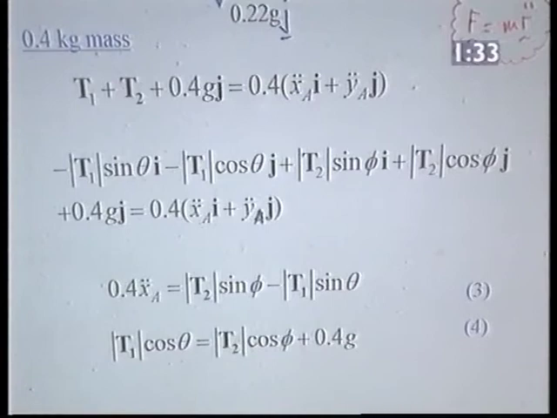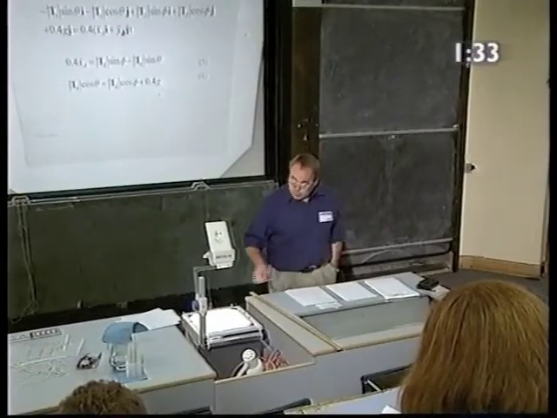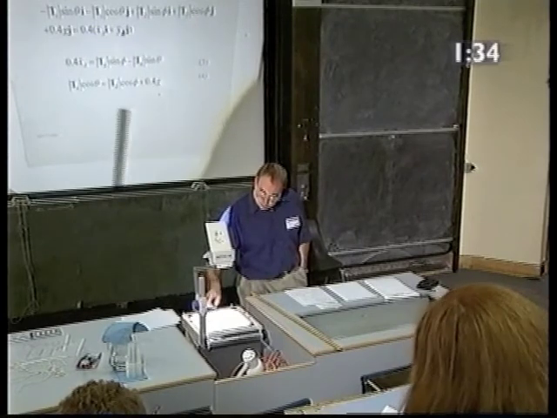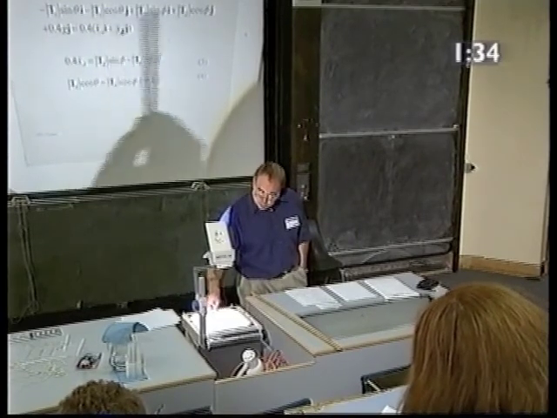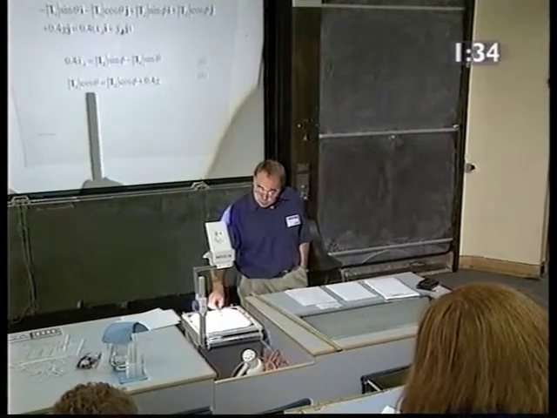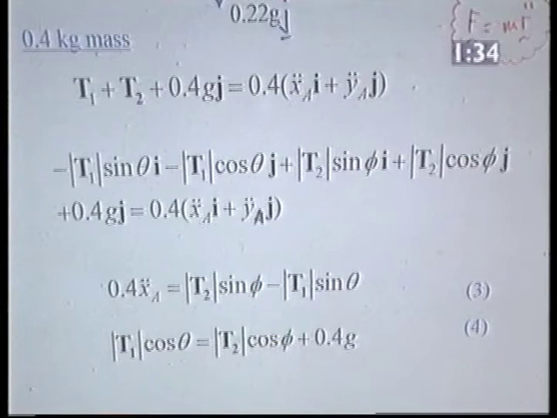Again, assuming ya double dot is 0, the j terms must balance, which leads me to the equation T1 cos theta equals T2 cos phi plus 0.4 g.